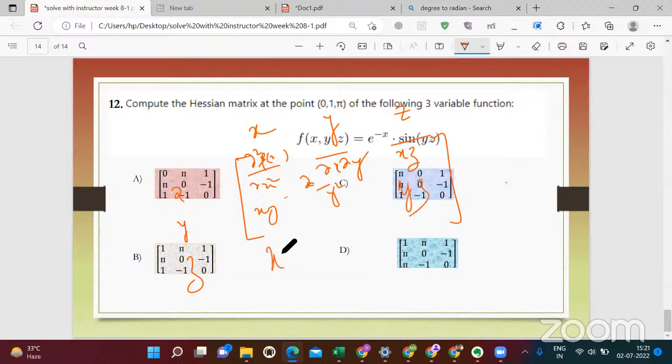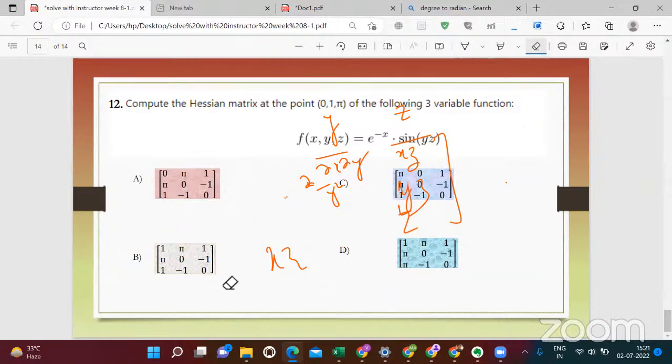Similarly, you can do xz, yz and z square. Okay. So what will you get? The values.